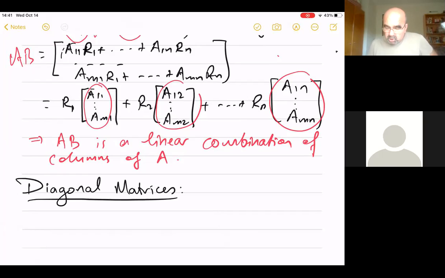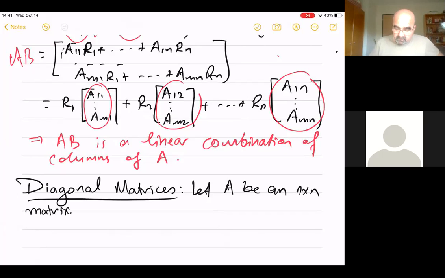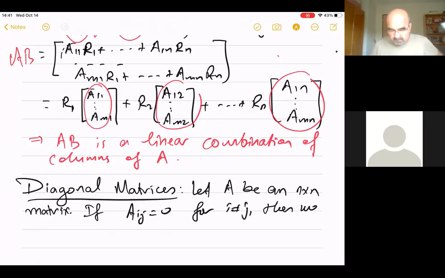So let A be a square matrix, an n cross n matrix. If Aij is 0 for i not equal to j, then we say that A is a diagonal matrix.